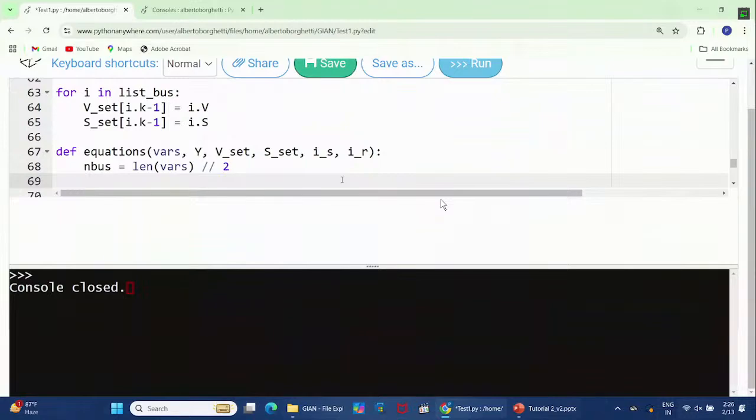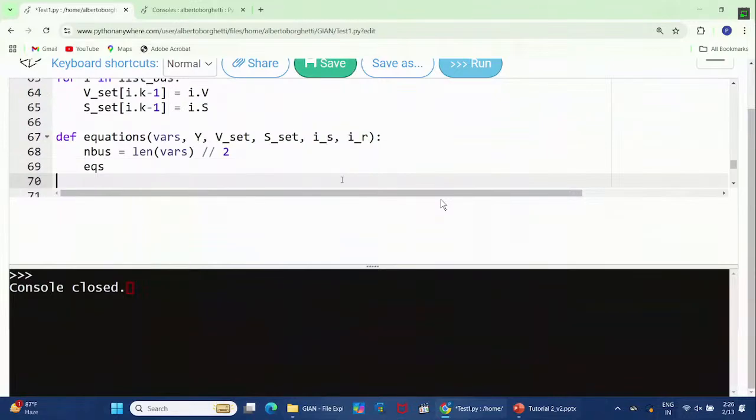Then the number of equations I need to store. So I can create just a list that I will call equations. That is an array that includes the values of the equations or the residuals, because they are equality constraints.